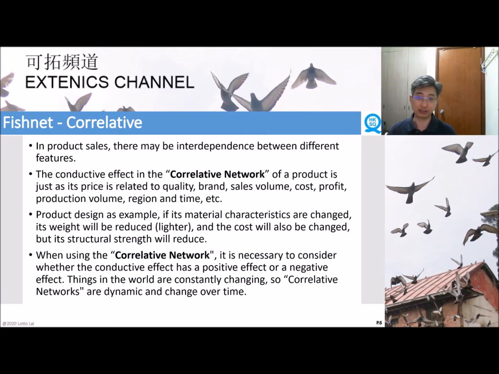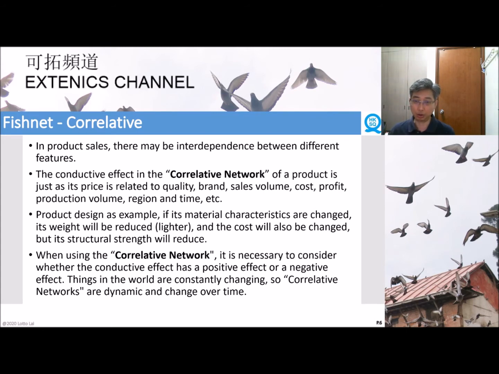In product design, for example, if your material characteristics are changed, its weight may be reduced and the cost will be changed. However, its structural strength may be reduced. So when we do product design and change some parameter, we have to be very careful.